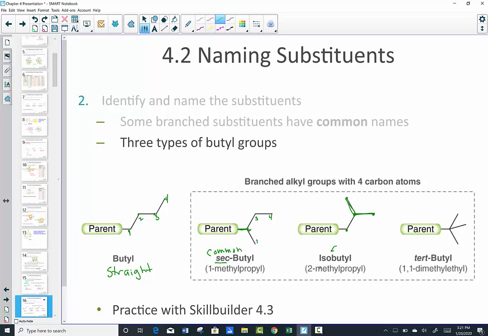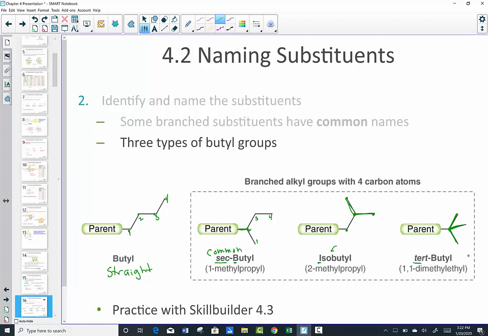Therefore, when we're alphabetizing, iso will go by a capital I in the alphabet, but we would still go by butyl for sec-butyl because secondary is separated by that hyphen. Here is a carbon attached to the parent chain, and it's attached to 3 other carbons. So that 4-carbon member is known as tert-butyl. You'll recognize that as tert-butyl.